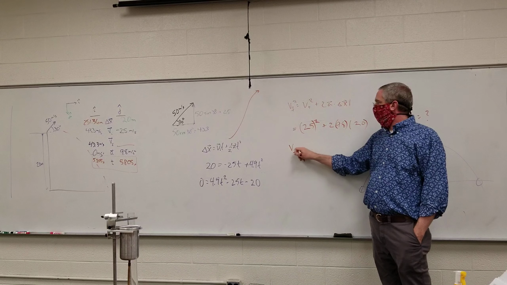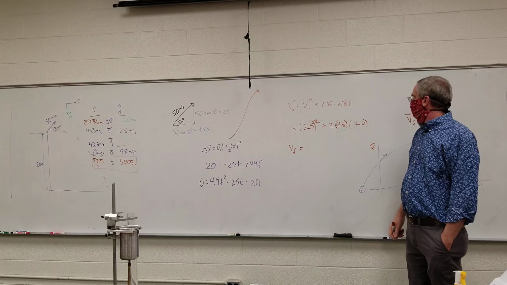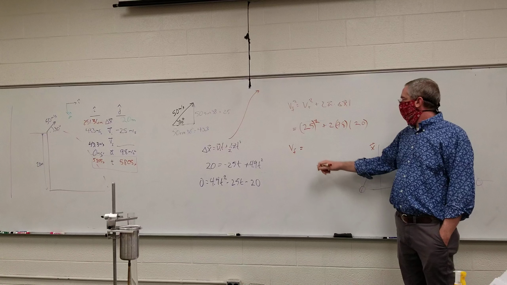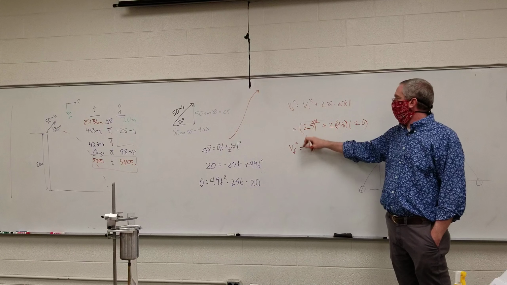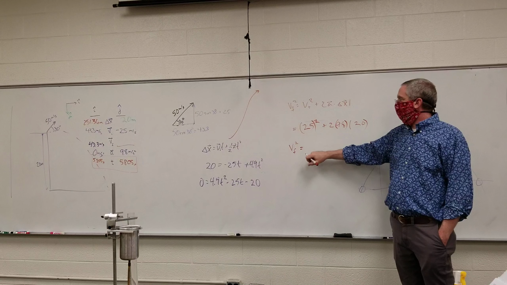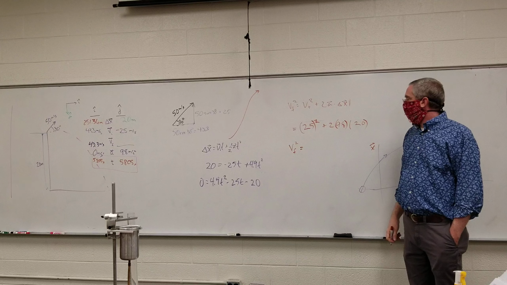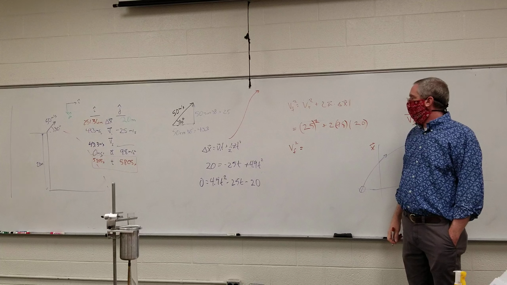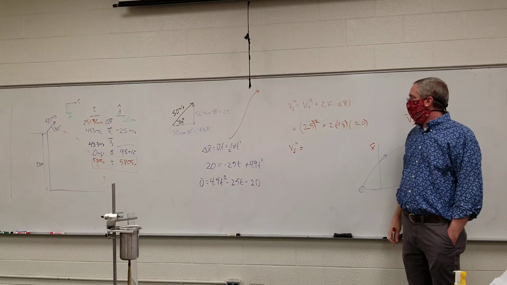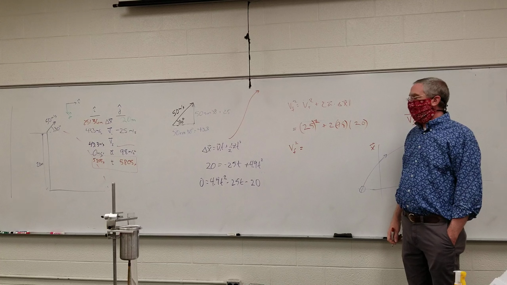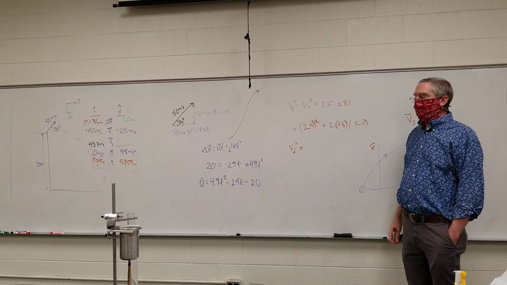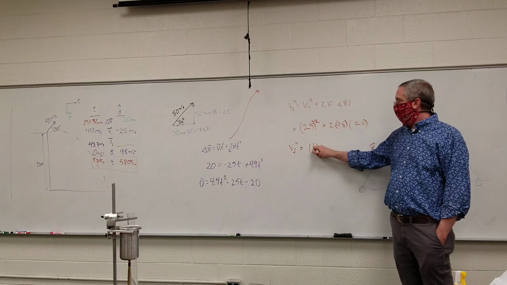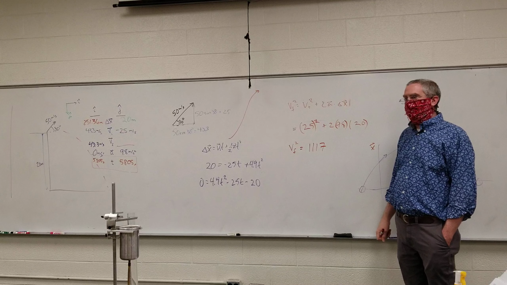VF squared is 625 plus whatever that is. 1,017.